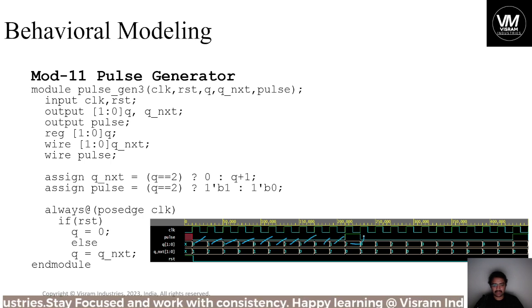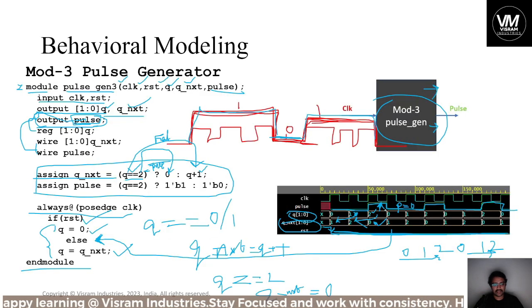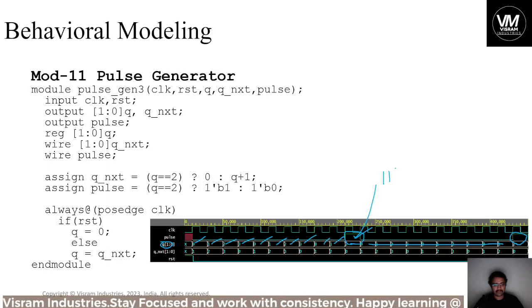So at the 11th pulse, 11th clock pulse, 11th Q output, you can see a pulse. In the same way, from here, if you can count, another 10 and 11th will be the pulse. Here, 3rd will be the pulse. 11th will be the pulse.